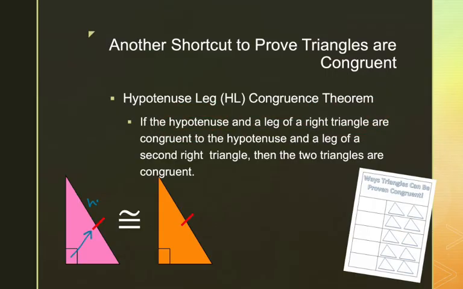That's the hypotenuse. And the legs are any of the other ones. So if I had a leg here that's congruent to this leg here, then since we have a hypotenuse and we have a leg of a right triangle, we have congruent triangles. And that's why these two triangles are congruent.